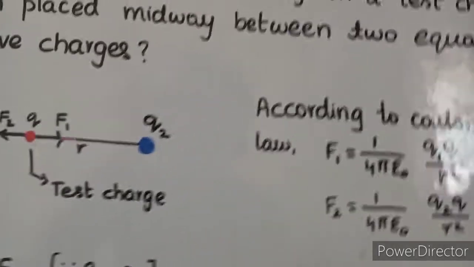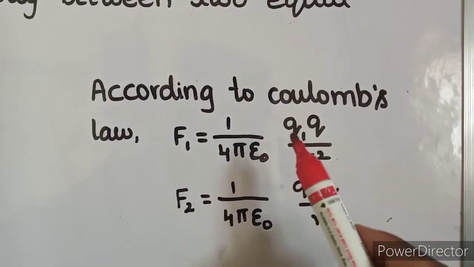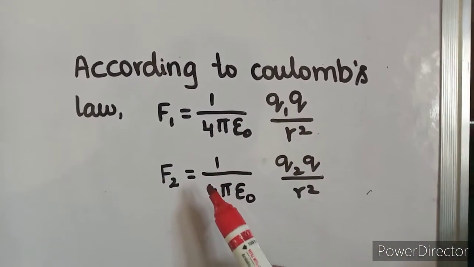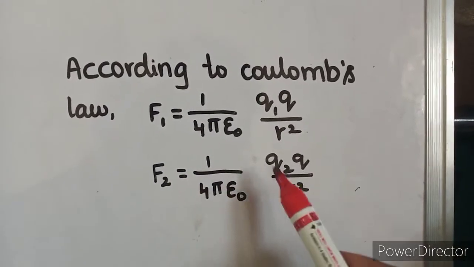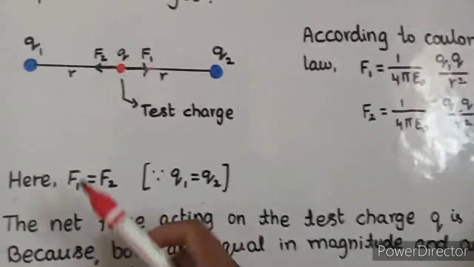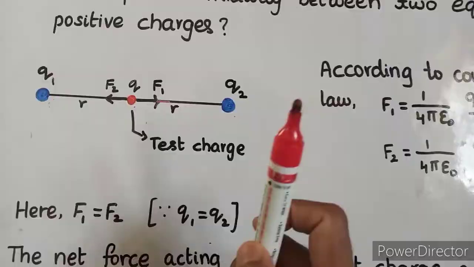Now according to Coulomb's law, we can give F1 as 1 by 4 pi epsilon naught Q1 Q by r square, and F2 is equal to 1 by 4 pi epsilon naught Q2 Q by r square, right? Here F1 is equal to F2 because Q1 and Q2 are the same.